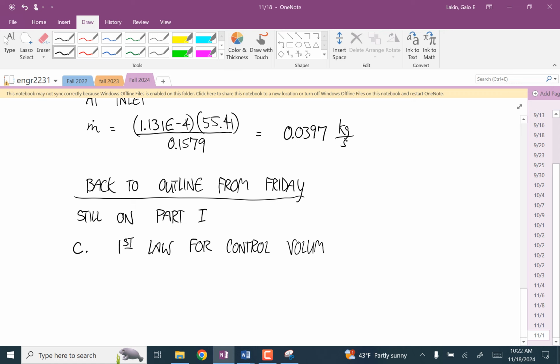So is this right after heat transfer? Yes. Heat transfer was C. So D then.